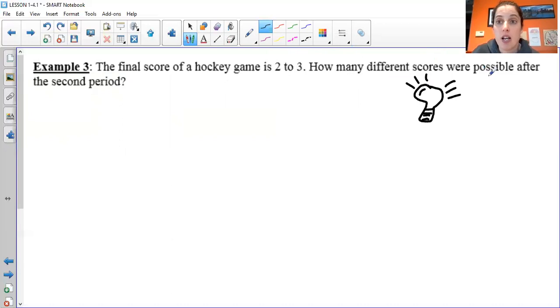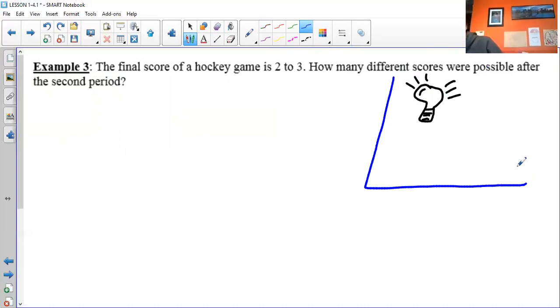So what are some possible scores that could have happened in the second period? This is how I start to think about stages. Could they have had no goals? Could it have been 0-0 after the first or second period? All of a sudden they score a lot. Could it have been 3-1?